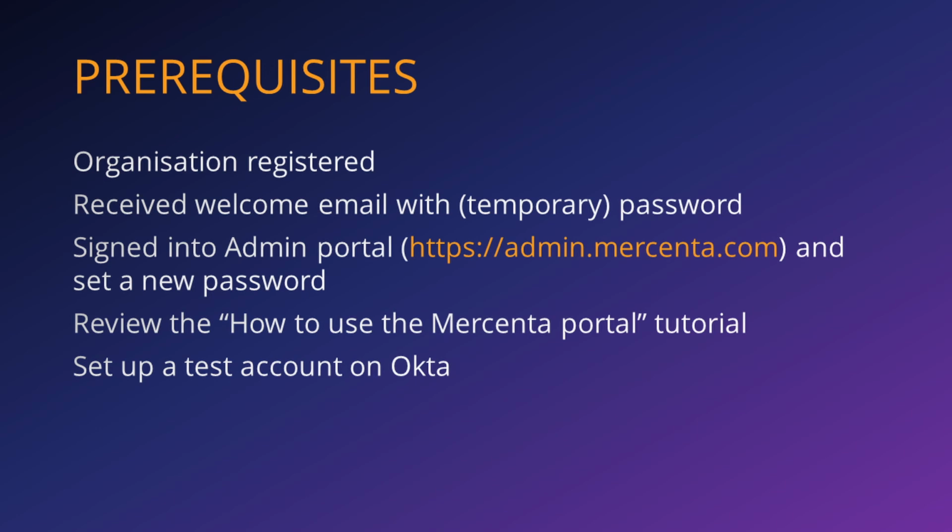Once the welcome email is received, you should sign in to the admin portal located at admin.mercenta.com and set up a new password. You should also be familiar with Mercenta's user interface. It's quite intuitive, but if you need any help, we have also uploaded a tutorial titled "How to Use the Mercenta Portal" on this channel.